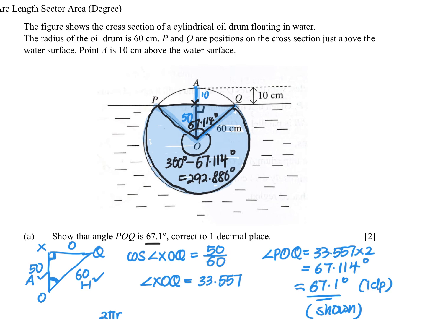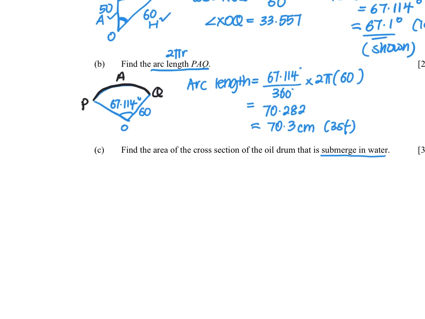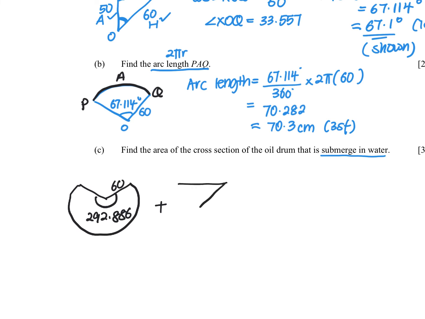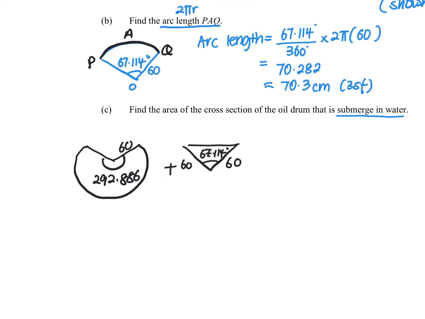So I have to use the major angle. To find the area of the whole portion that's submerged in water, I need the major sector with 292.886 degrees, plus the area of the triangle over here, where we know the sides are 60 and the angle is 67.114 degrees.